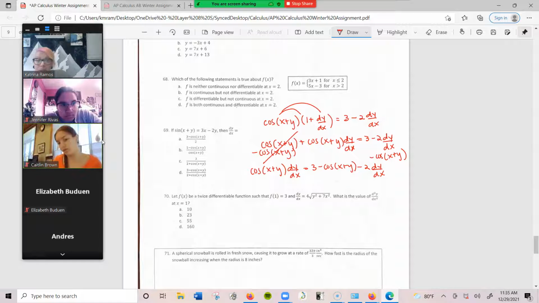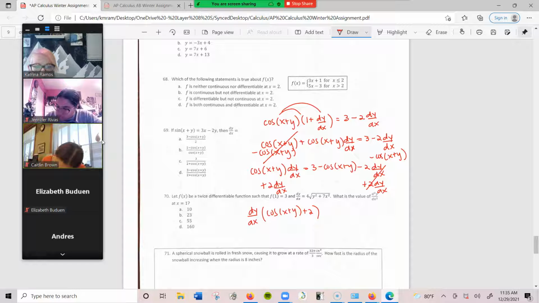Now I want my dy dx's, so I'm going to add this 2 dy dx over to the other side. That way, on the left, we only have the dy dx's. I'm going to factor out that dy dx, which will leave me with cosine of x plus y plus 2 equals 3 minus cosine of x plus y.